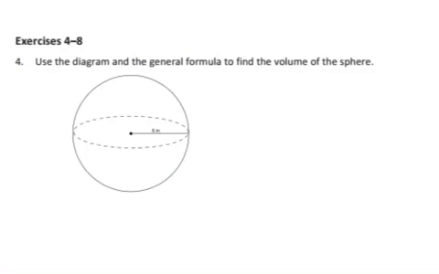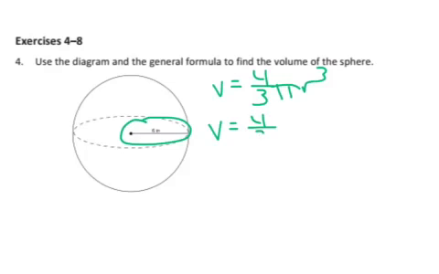Here is another example. So of course we are going to write down our formula, 4/3 pi r cubed. Here they are telling me that my radius is 6, so I'm going to plug that in. 4/3 times pi times 6 to the third power. You plug that exactly in your calculator as you see it.